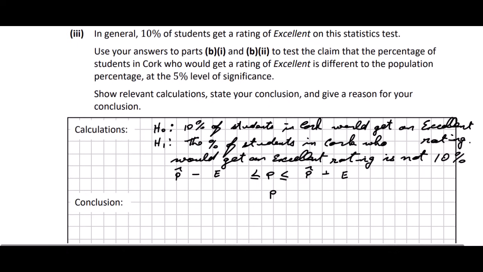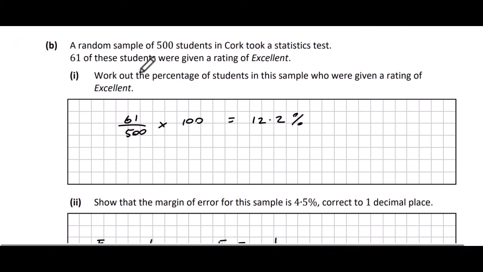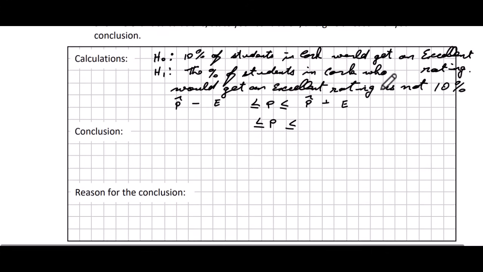So in our case then, the P hat is going to be 61 over 500, because remember up here it says a random sample of 500 students in Cork took a statistics test. 61 were given an excellent rating. So our P hat is going to be 61 over 500, which is 0.122.